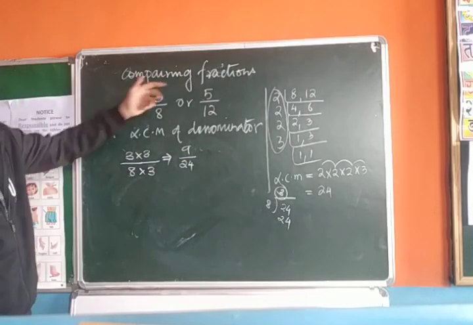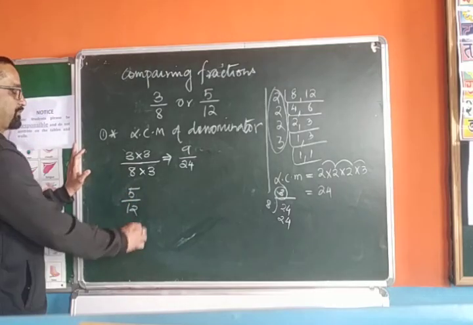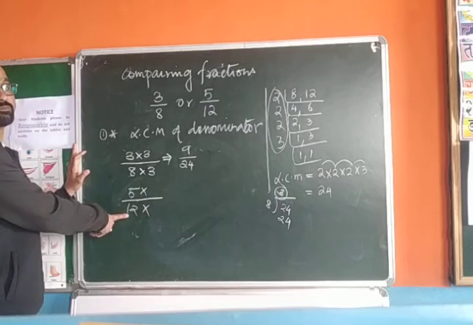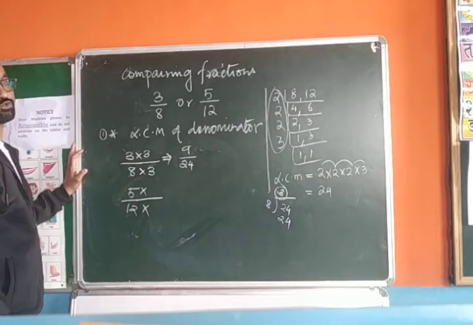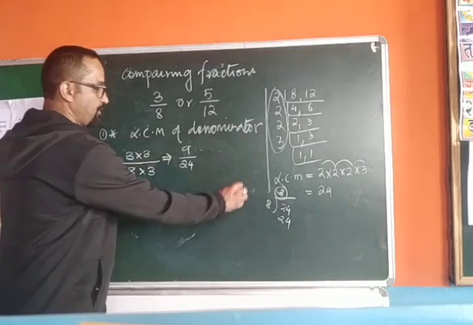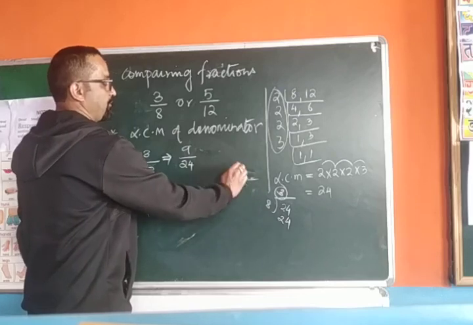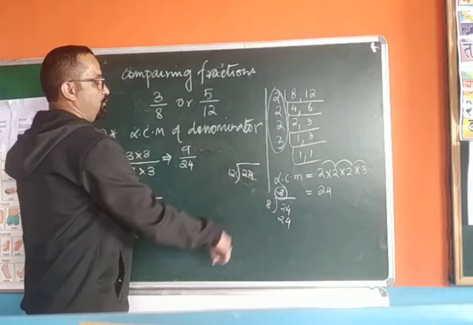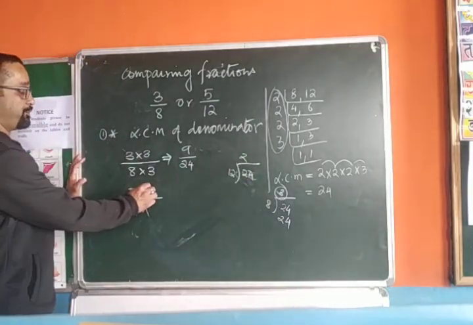Similarly, take second fraction, 5 by 12. Multiply this denominator by a suitable number such that it gets converted to 24. So 24 divided by 12, which is equal to 2. Multiply both numerator and denominator by 2.